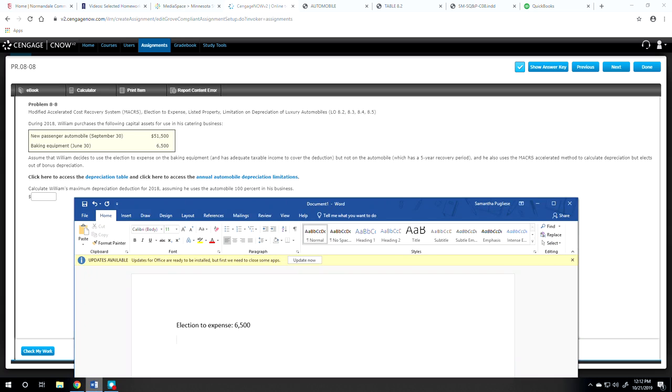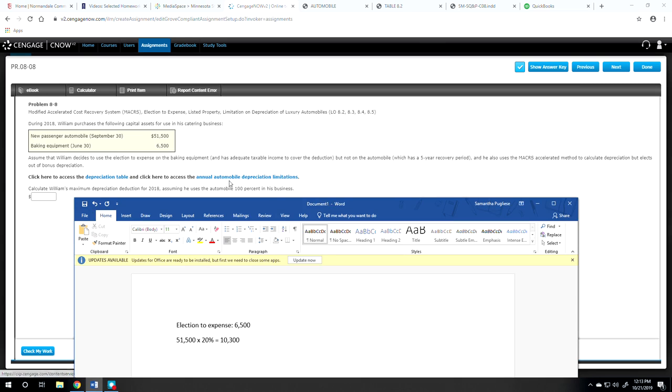So we have 51,500 times 20%. And what is that number? Let me just get my calculator. That's 10,300, but we can't just assume that that's our answer, because they also give us the annual automobile depreciation limitations.